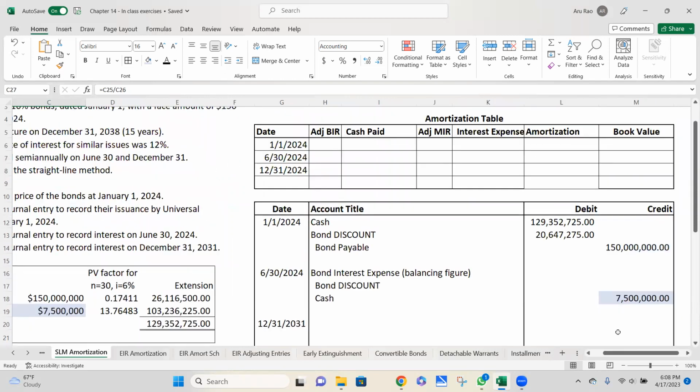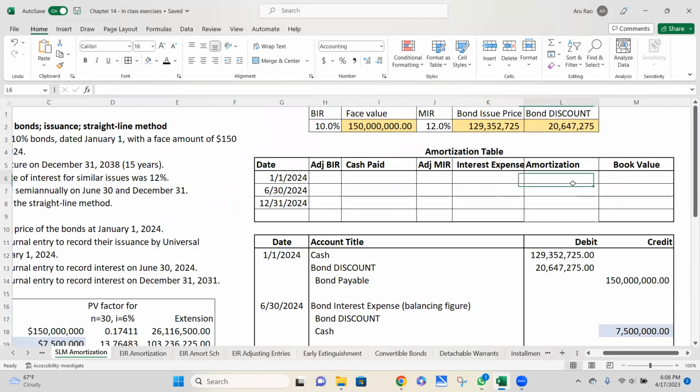So if you were to put that in a table, my amortization is set. I know exactly what it is. I know how much cash I'm paying each time, 7.5 million. I know the starting book value. The difference between cash paid and the amortization is interest expense. So those numbers are not going to change. They're going to stay the same.